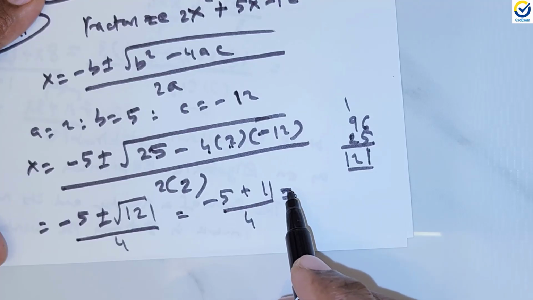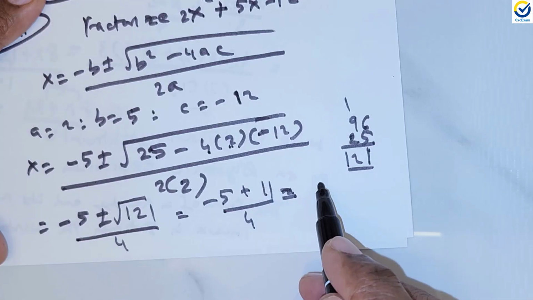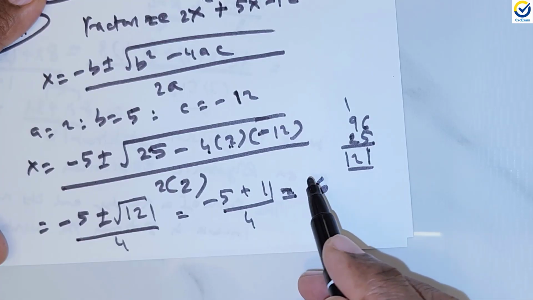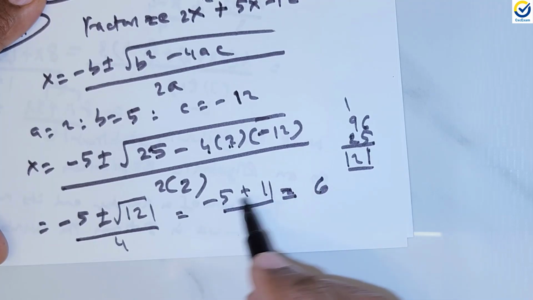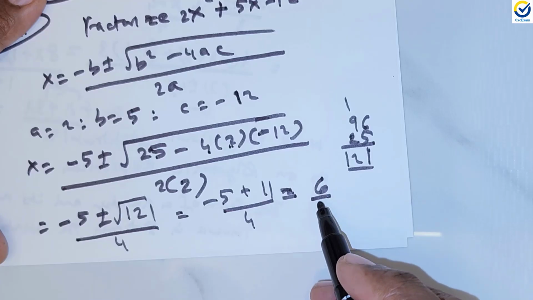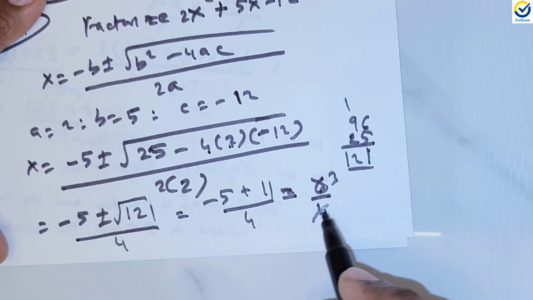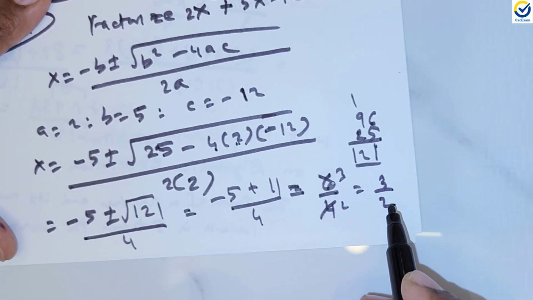Actually you need to find the value. From 11 you take away 5, you will get 6 over 4. Now 2 divides here 3 times, 2 divides here 2 times, so you have 3 over 2.